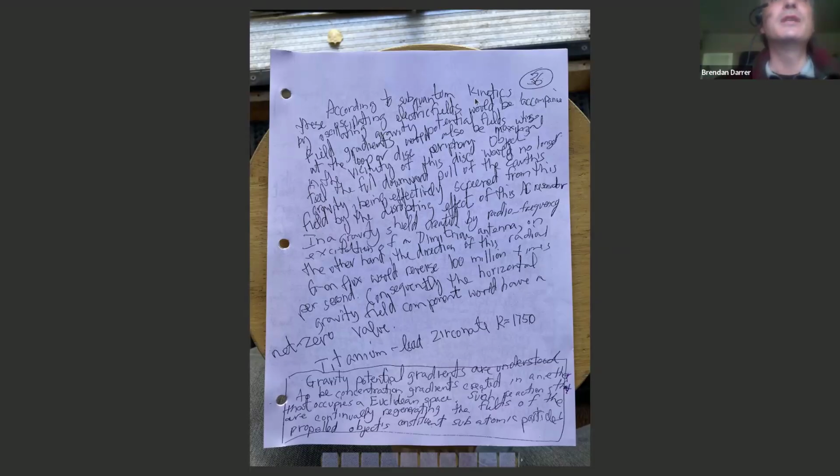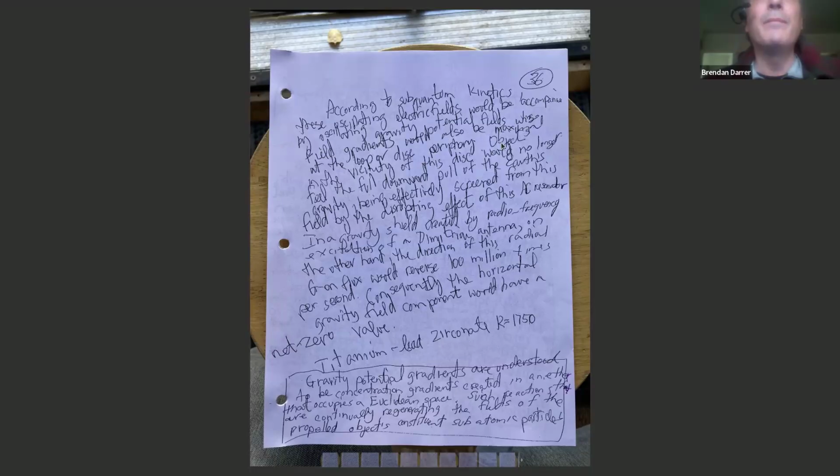According to SubQuantum Kinetics, these oscillating electric fields would be accompanied by oscillating gravity potential fields, whose gradients would also be maximal at the loop disk periphery.